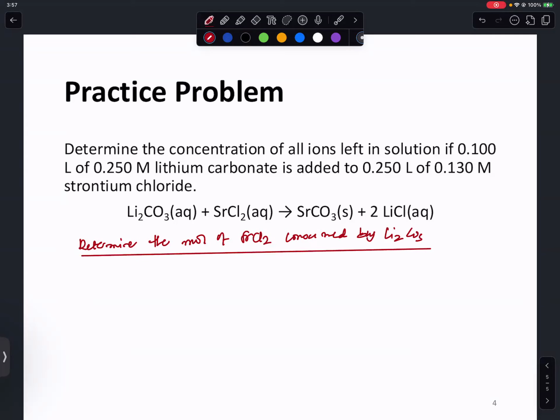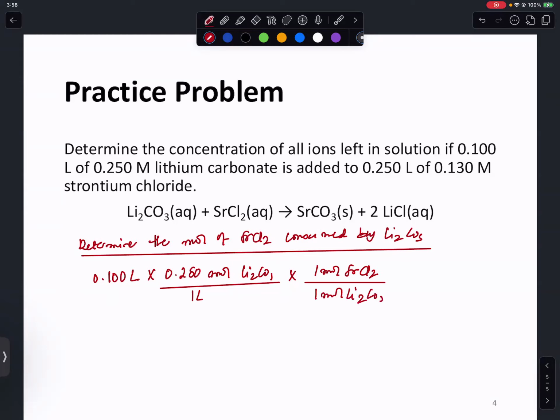So in this case, we're starting with the lithium carbonate. So I can say 0.100 liters times 0.250 moles of lithium carbonate in 1 liter, times, for every 1 mole strontium chloride consumed, we have also 1 mole of lithium carbonate consumed.